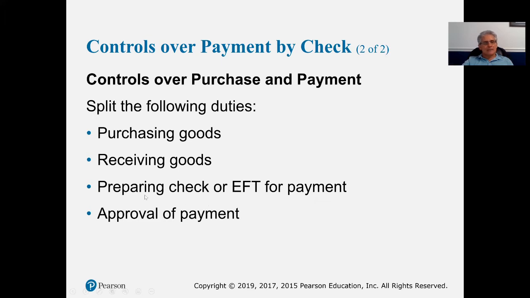The payment is then prepared by a third individual, who takes the information from the purchasing and receiving departments, matches it all up, and then prepares the check. And finally, a fourth person is involved in the approval of the payment. Sometimes that's the signature of a check or the electronic funds transfer.